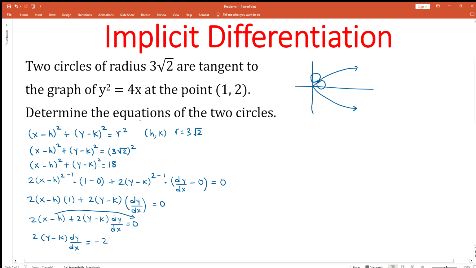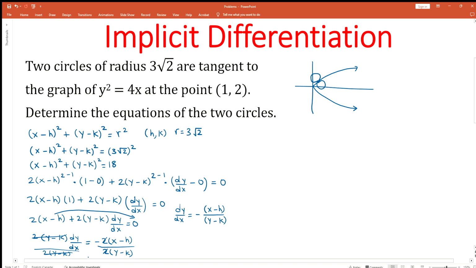We get negative 2 times (x minus h). Next, we can divide both sides by 2 times (y minus k). We can cancel out the 2's on the right side. I get dy over dx equals negative (x minus h) over (y minus k).